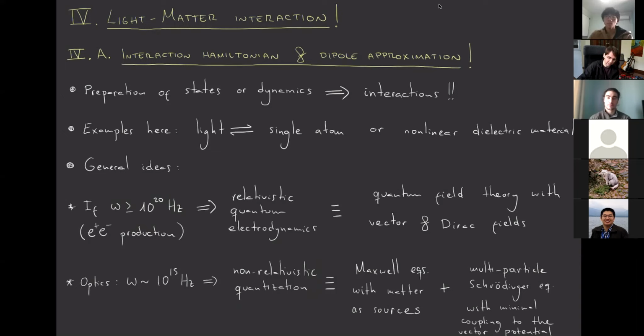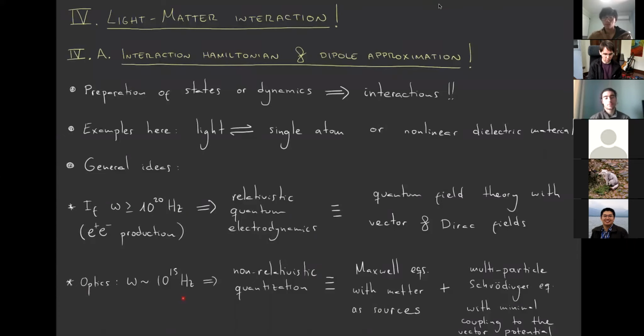But again, I just want to mention this so you have an idea of the methods that you would need to use depending on the energy scales and depending on the complexity of your system. So at high energies, you need to apply full quantum field theory in the form of relativistic quantum electrodynamics.